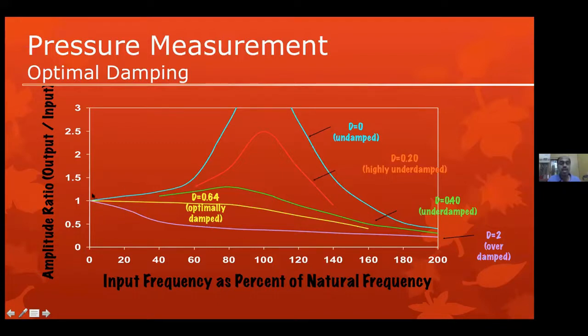For a heart rate of 120, it will fall here. If the heart rate is 180, it will fall here, and it will go into the area where the frequency response is poor. That is the reason why at higher and higher heart rates, we will have poorer and poorer traces.